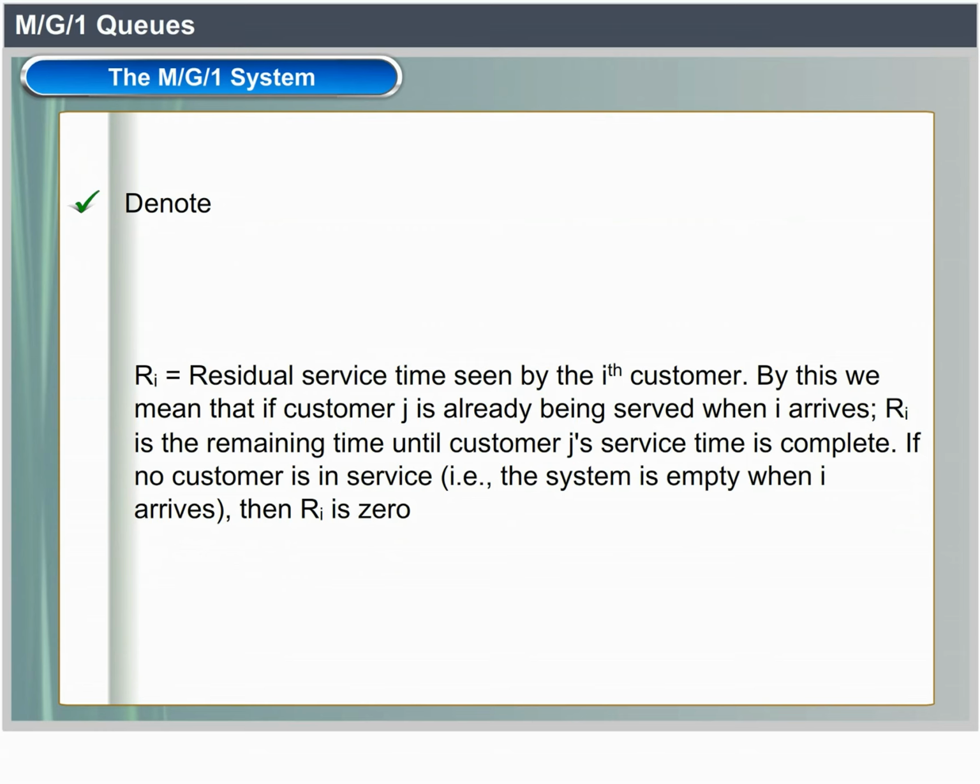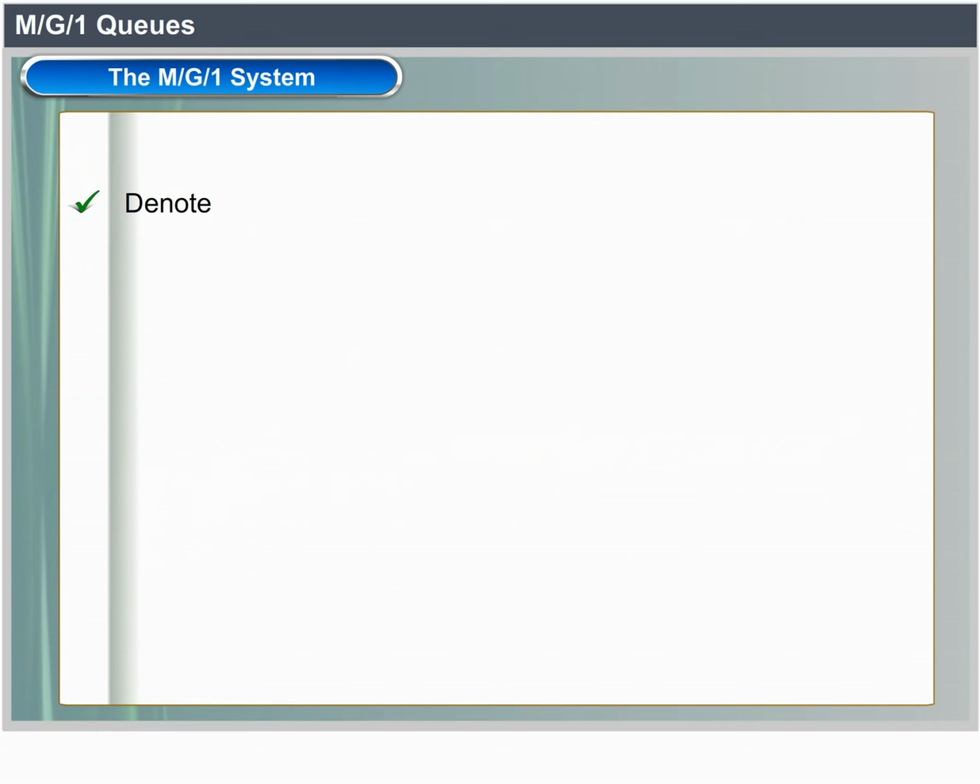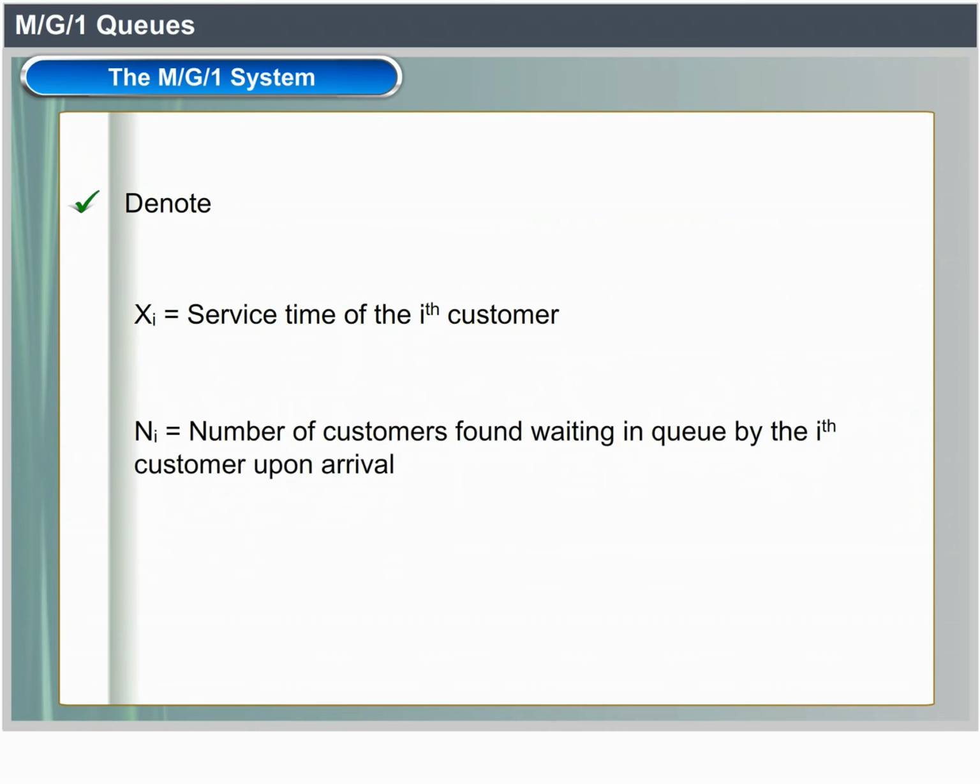If no customer is in service, that is, the system is empty when i arrives, then Ri is 0. Xi is equal to the service time of the ith customer. Ni is equal to the number of customers found waiting in queue by the ith customer upon arrival.